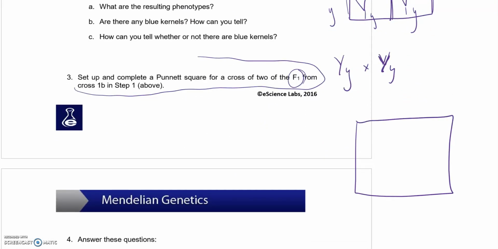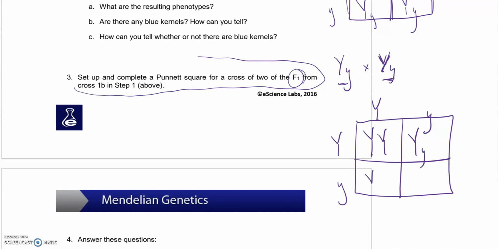So this would be what we would call a monohybrid cross. Mono meaning one trait. Hybrid meaning both of the parents are heterozygous or hybrid for that trait. So each parent can form a gamete of either the dominant or the recessive allele, and we'll fill in our Punnett square.